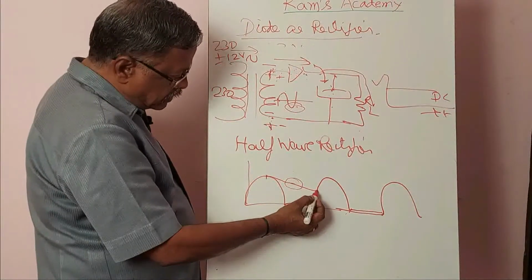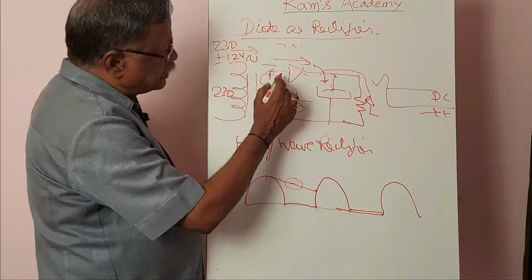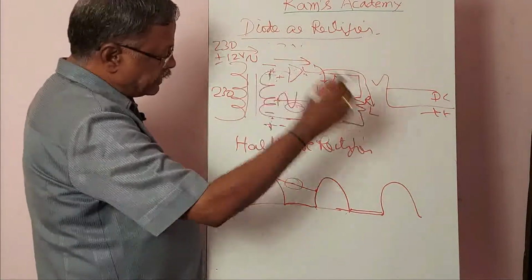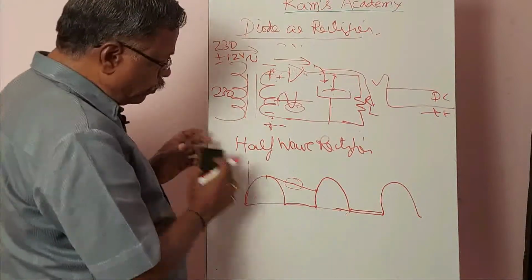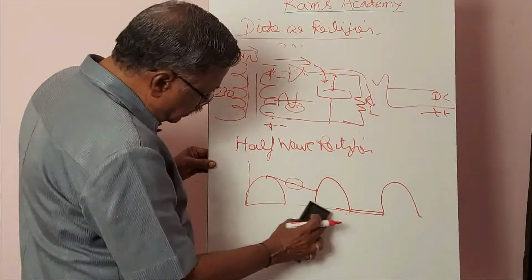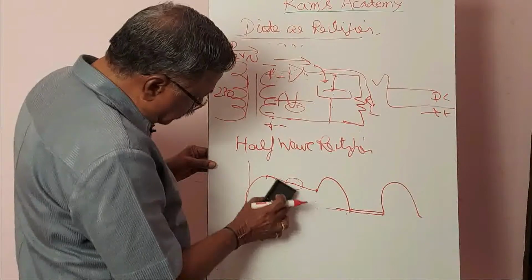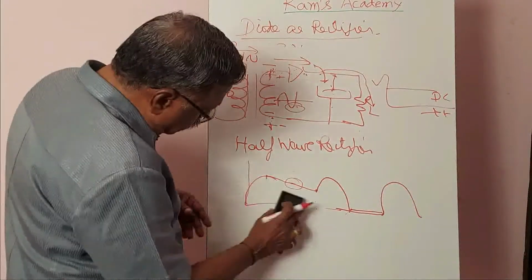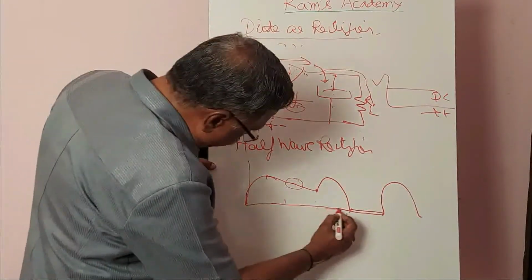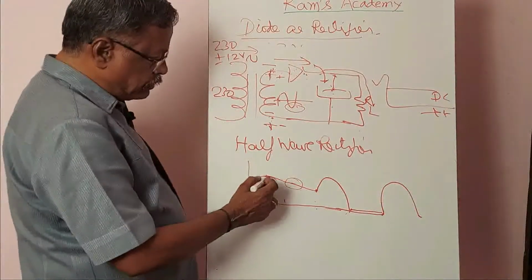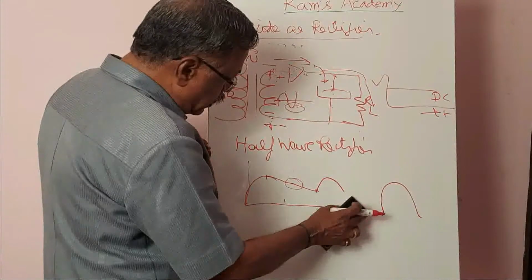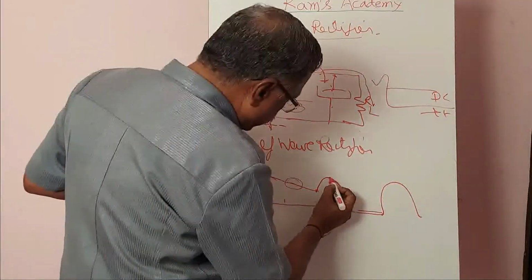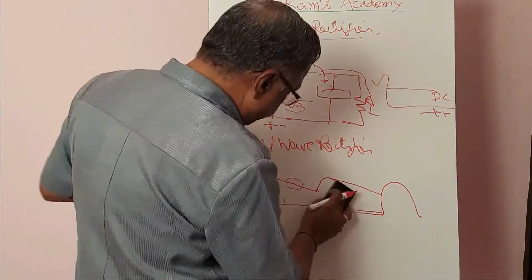By the time it reaches this point, because of the positive half cycle of the second cycle, this terminal is going to become positive. Therefore, we will not be able to see this 0. Instead, we are going to see a waveform like this from maximum to this, and then for the second half cycle also the capacitor will be charging and discharging like this.